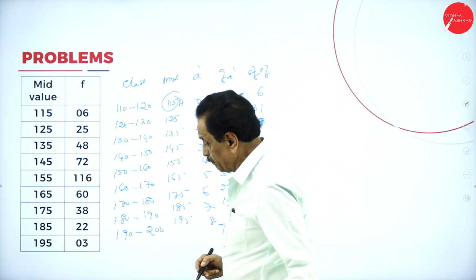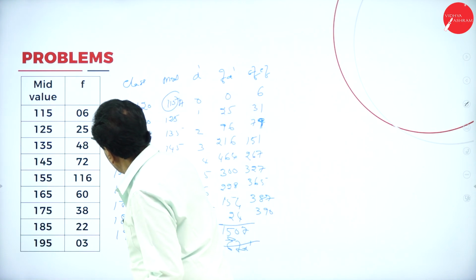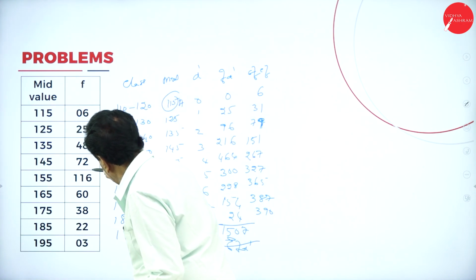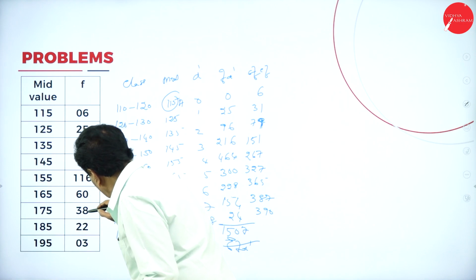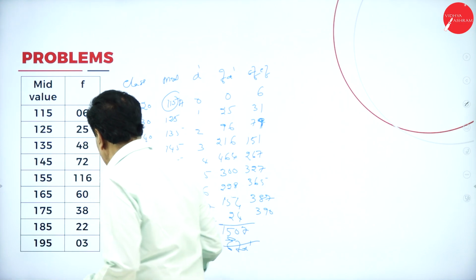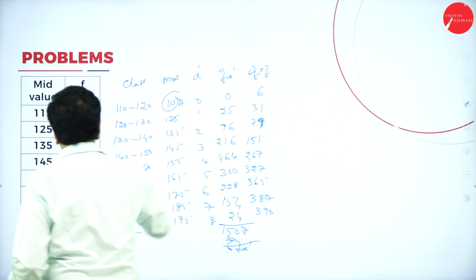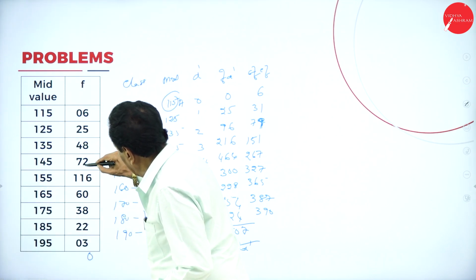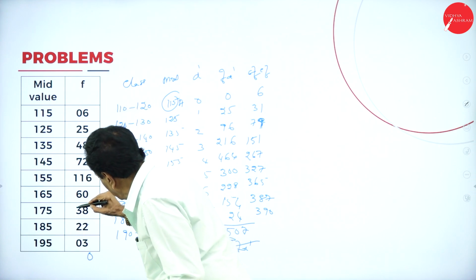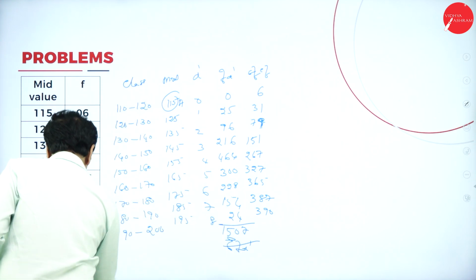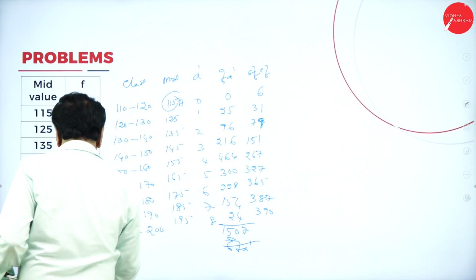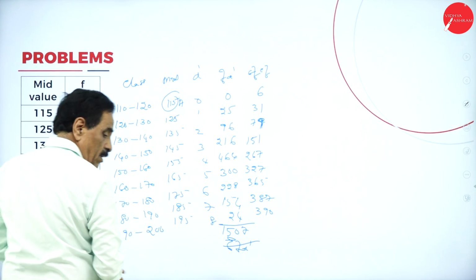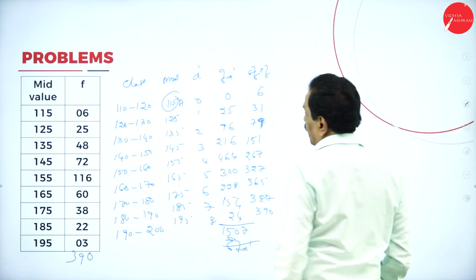Verify this. What is 390? It is the total number of frequency.